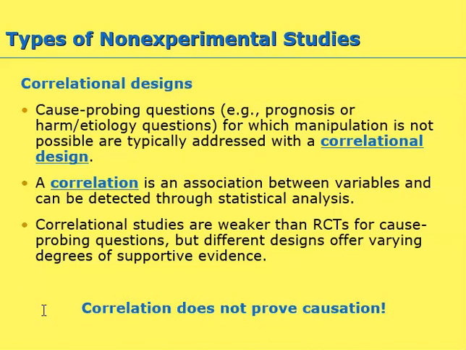So there are correlational non-experimental designs that try to infer that one variable caused changes in the next variable. The problem is that a lot of times these non-experimental studies are not able to control for a wide variety of confounding or extraneous variables.